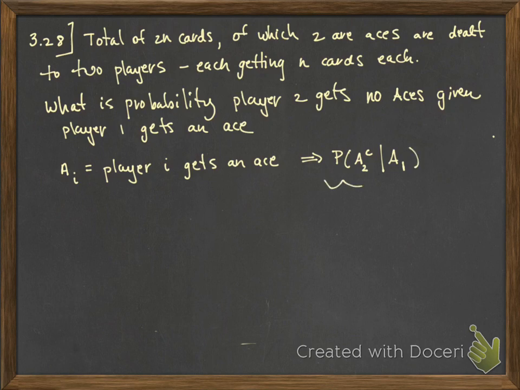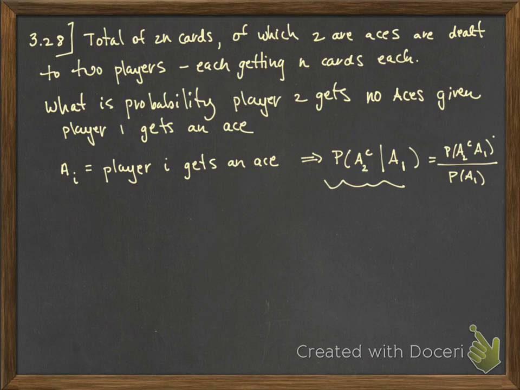This is what we're in search of. So we know that this is equal to the probability of A2 complement and A1 over the probability of A1. So we need to find those 2 things.